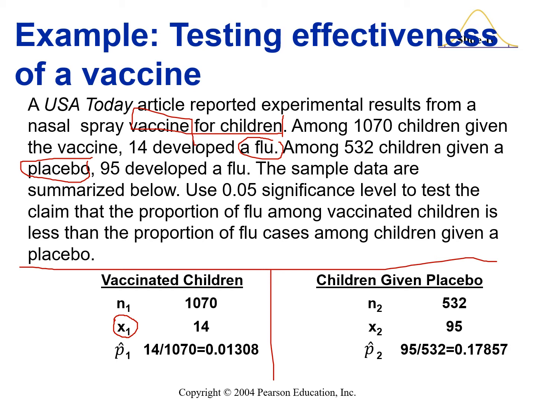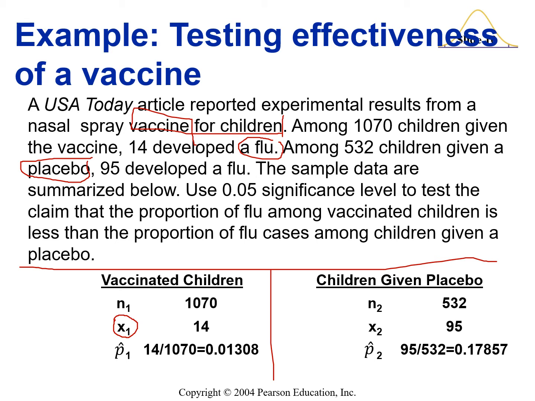For the second population, children given placebo, N2, the sample size, is 532, and X2, the number of children who developed flu, is 95. So P hat 2 is 0.178, which is X2 divided by N2.